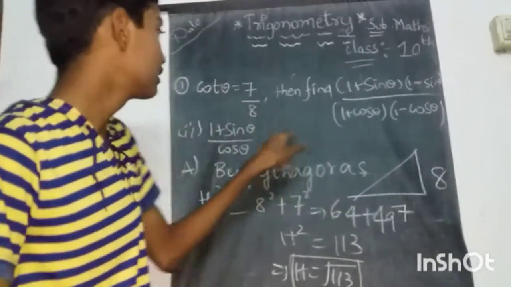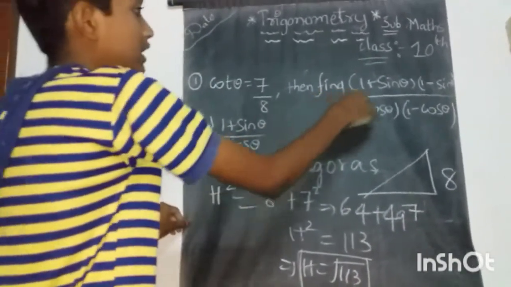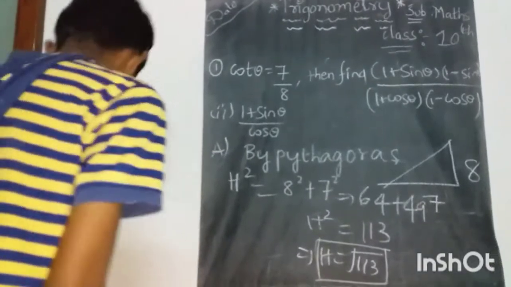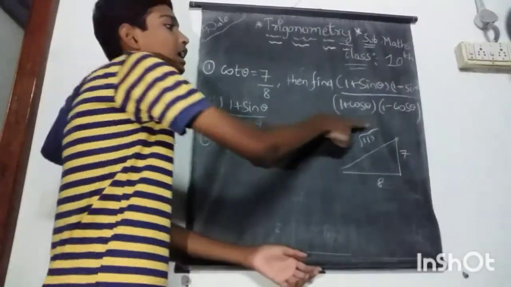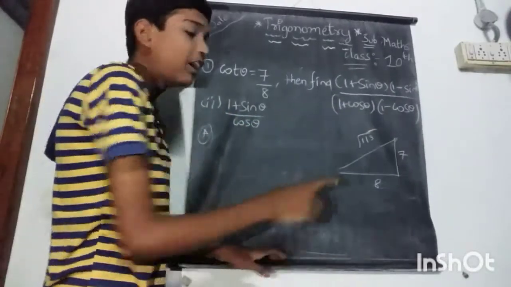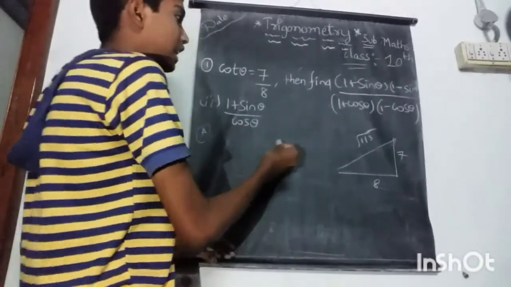Let us find first of all sin theta and cos theta to get this value. We have found the hypotenuse.